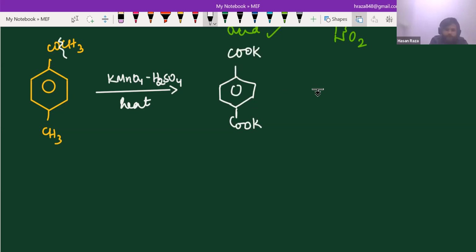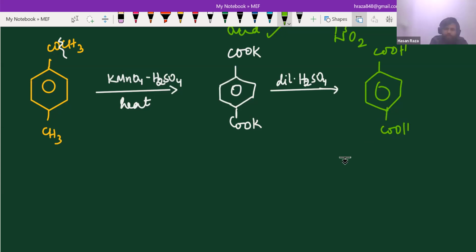And now what you need to do is very simple. You are going to do the hydrolysis in acid. So this K will be replaced with OH. So this is 1, 2, 3, 4, and we can write benzene-1,4-dicarboxylic acid.